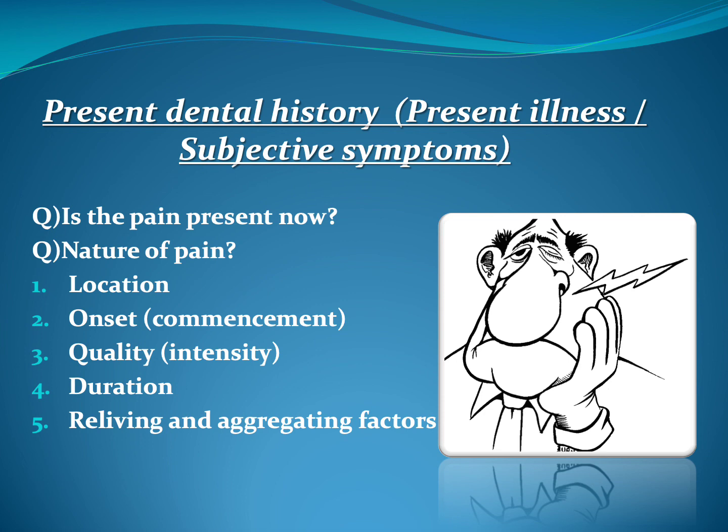The relieving factor: when I take the analgesic, the pain is relieved. Or when I have severe pain and I put cold water on the tooth, the pain is relieved. When I don't eat on this side, there is no pain. So what is the aggravating and relieving factor of the pain? It's very important. So the 5 important questions in the nature of pain: location, onset, quality, duration, and relieving and aggravating factors.